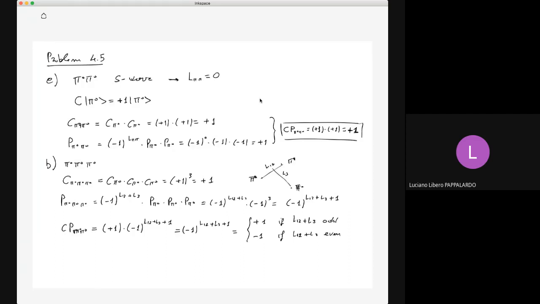So the condition that we have to impose here is the symmetry of the wave function for identical bosons. If you remember from a couple of lessons ago, the symmetry of the wave function in general is given by the symmetry of the spatial component, that is our usual (-1) to the L, times the symmetry of the spin component S.